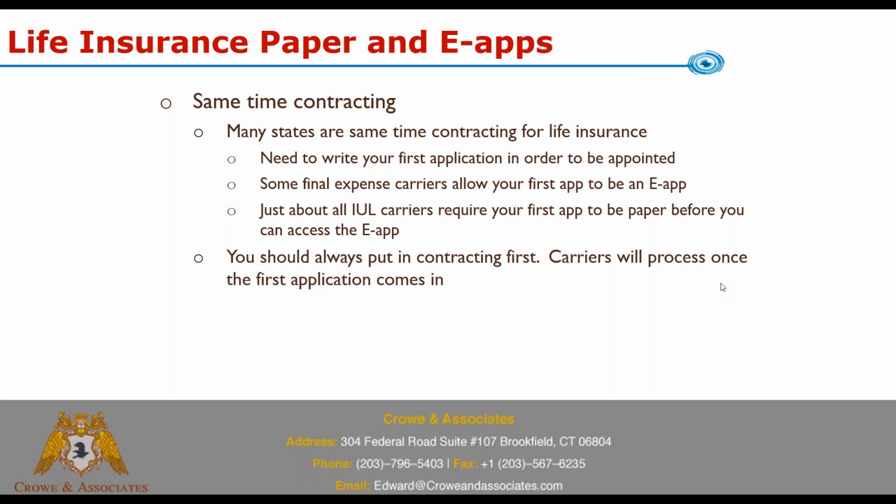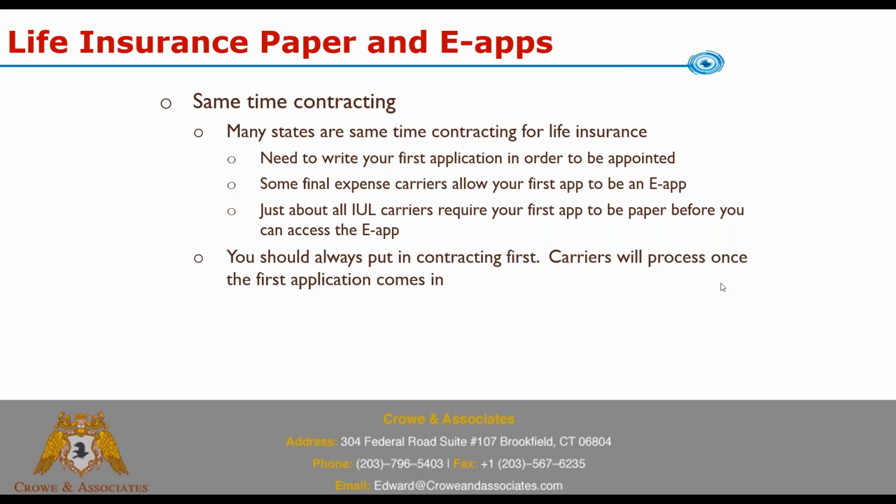When it comes to IUL, term, and UL, just about all the carriers require that your first app be paper so they can process your contracting before you can access the e-app. A lot of times somebody's newly appointed and they want to write a carrier and their first app might be in a different state or somewhere far away.